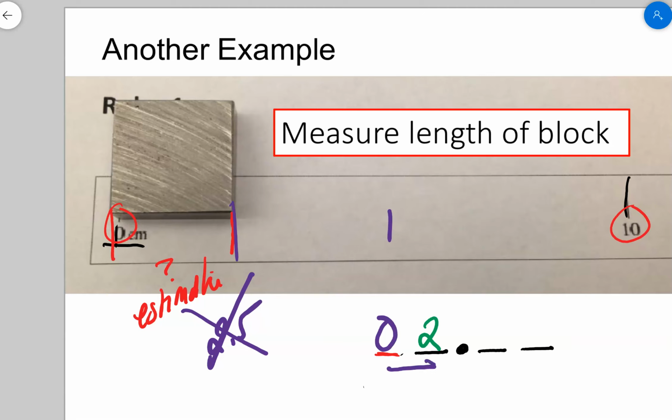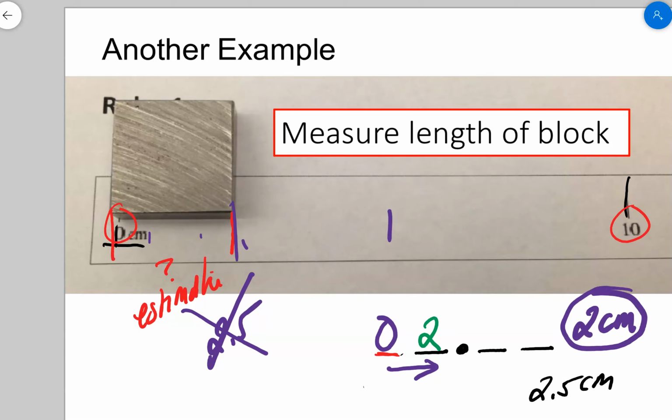And then you go over one more digit that represents a reasonable estimate because you don't have the tick marks. You don't have the 1, 2, 3, 4, etc. Okay, so the proper measurement for this one, I know I probably made this confusing, is 2 centimeters. It would be a mistake to write down 2.5 centimeters or anything beyond. You must stop at this one.